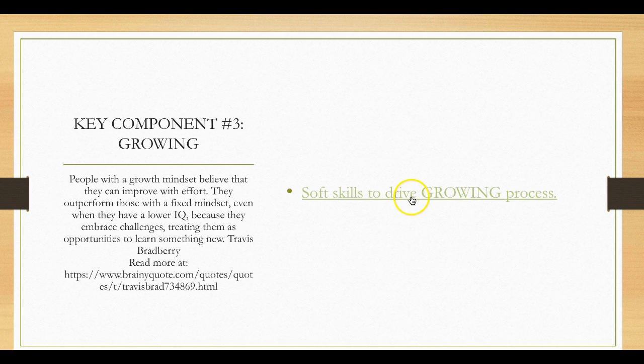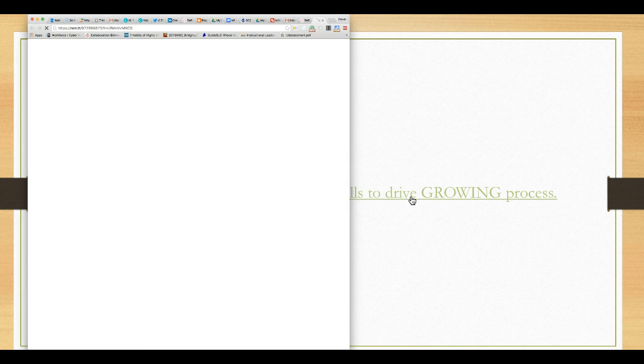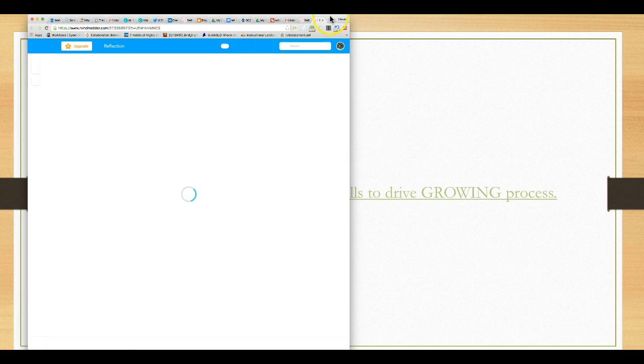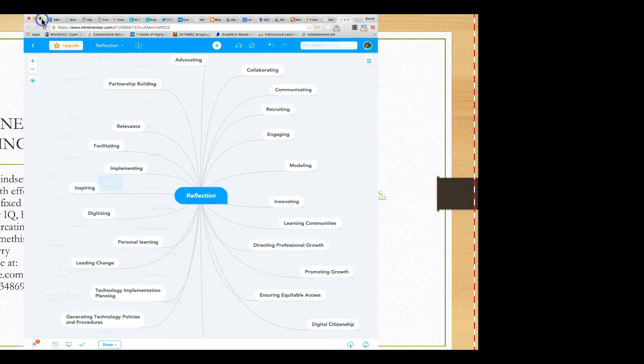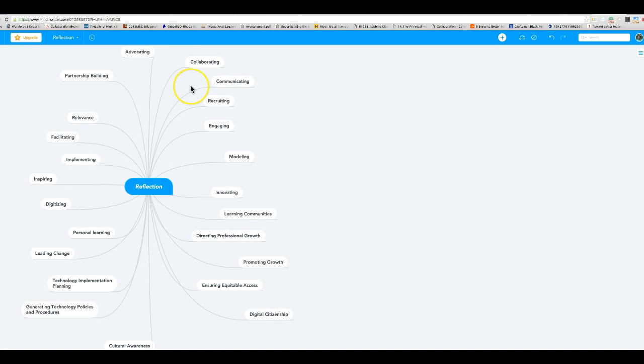Now, these soft skills that I'm talking about can be seen here in this chart. We've got several: collaborating, communicating, building partnerships, inspiring, digitizing the learning environment, generating technology policies and procedures. No one is going to be strong in every one of these areas.